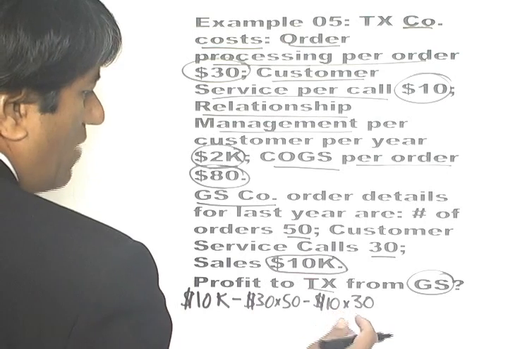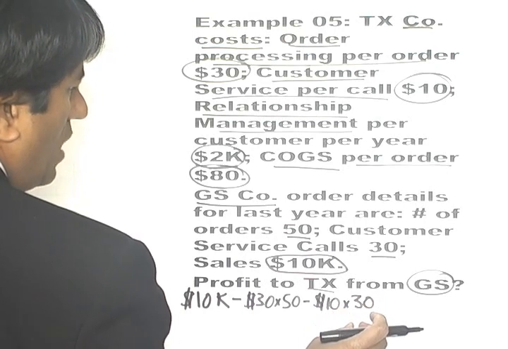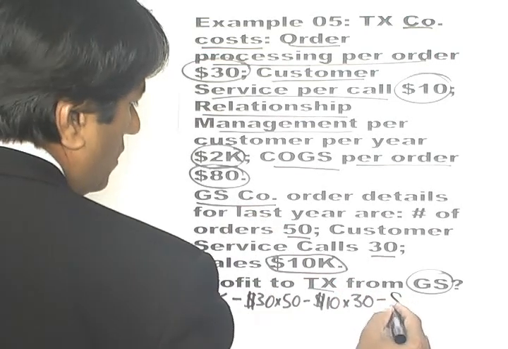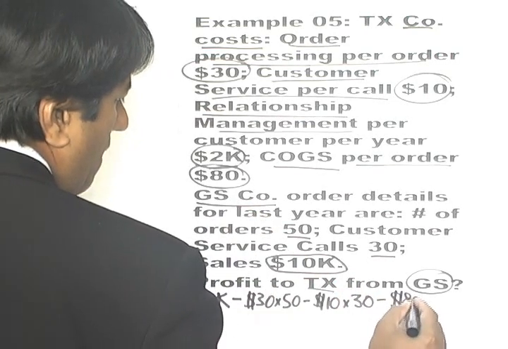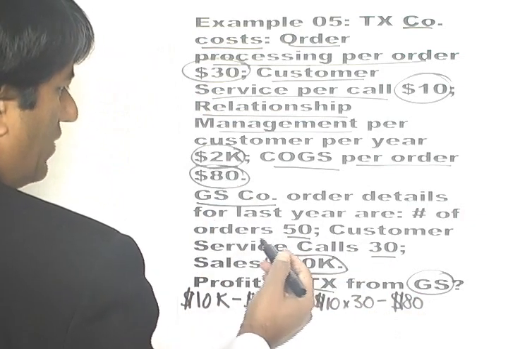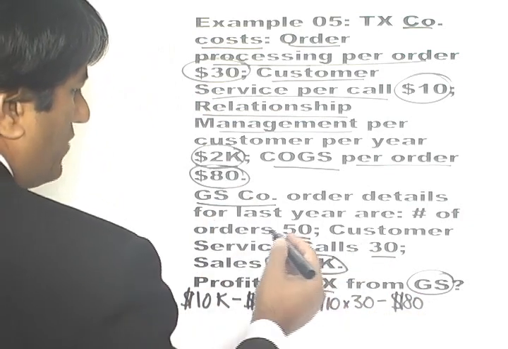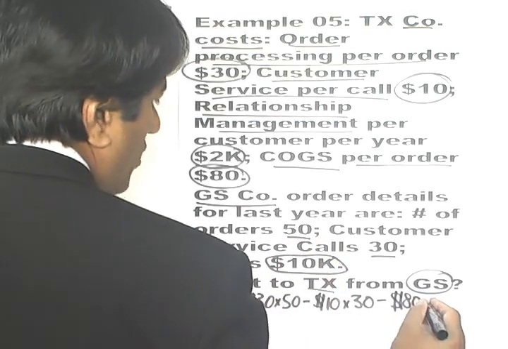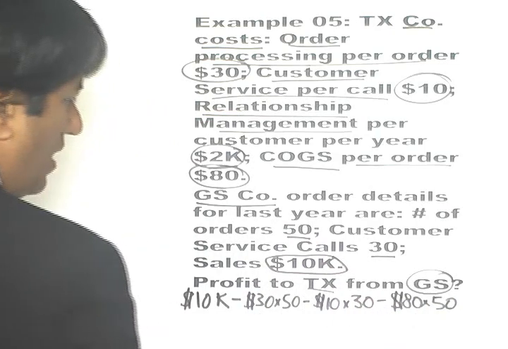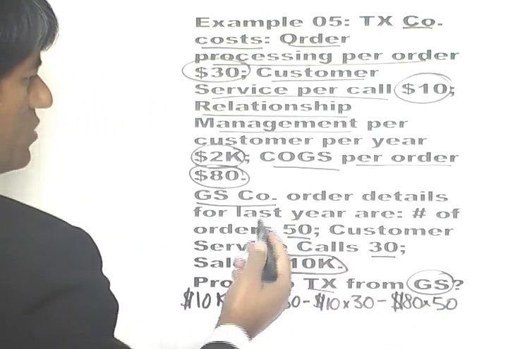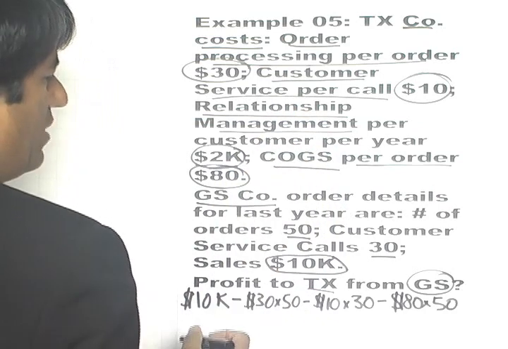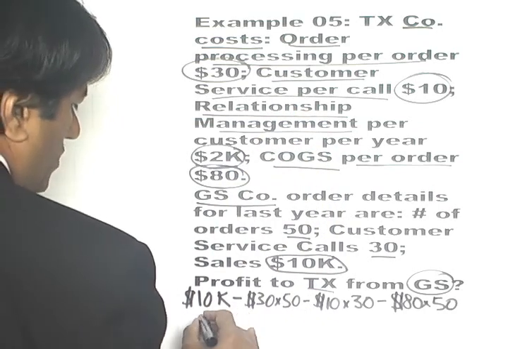Next, we are going to have cost of goods sold, and that is $80 per order. And how many orders did this have? They had 50 orders. So it's going to be $80 into 50. And then the final cost, we have taken into account every cost except the relationship management per customer, and that's 2,000.